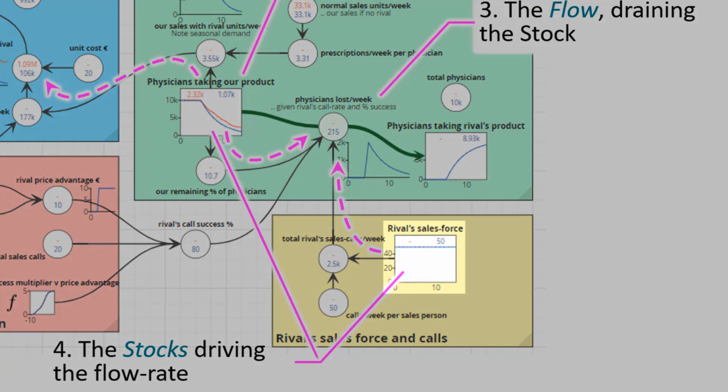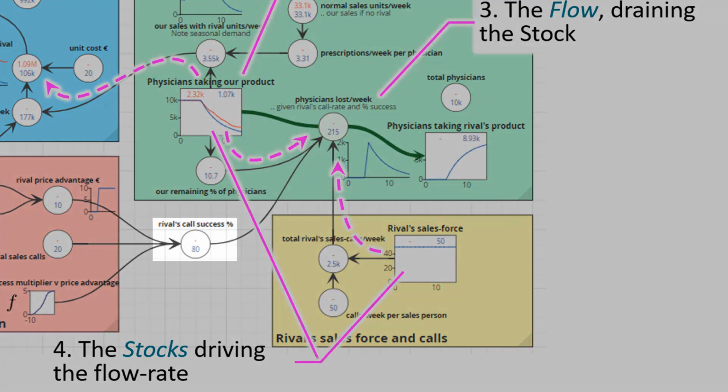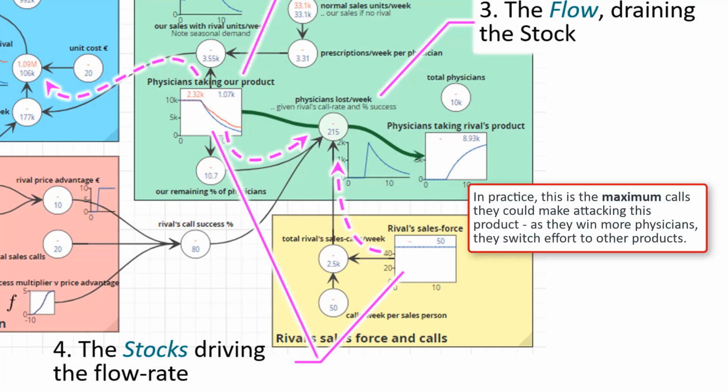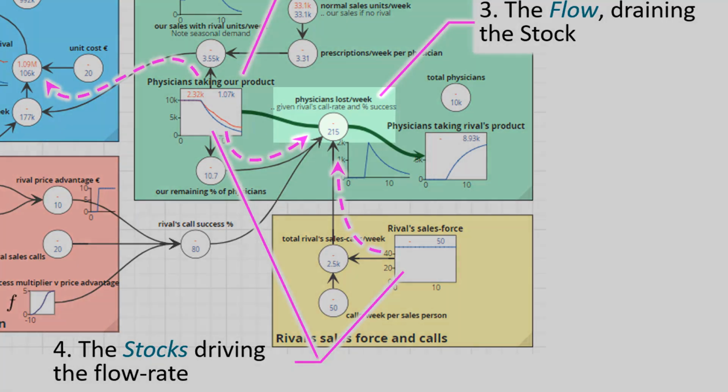They can make 50 sales calls per week on our physicians. 80% of those will likely succeed in capturing our physicians because they're coming in at a low, low price. And as we lose more and more physicians, there are fewer physicians left to lose, so the loss rate drops away simply because they've won. We're not losing any more because they've already won. So that's the flow draining that stock.